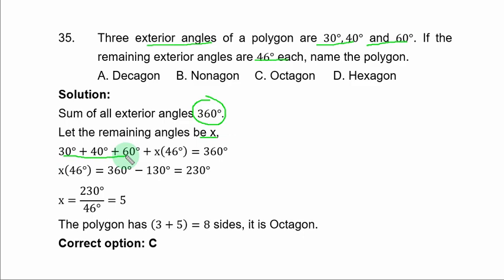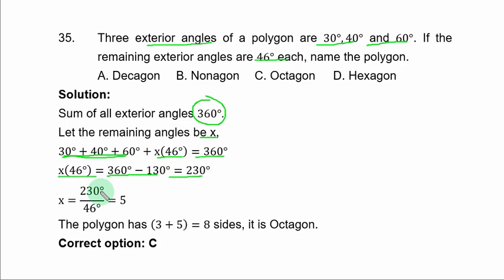Because the remaining angles we don't know, and each one is 46, and they are S, you multiply 46 by S, and you equate the sum to 360. If you add these three angles, you have 130. If you transfer it, you have S times 46 degrees equal to 360 degrees minus 130, and that is 230.